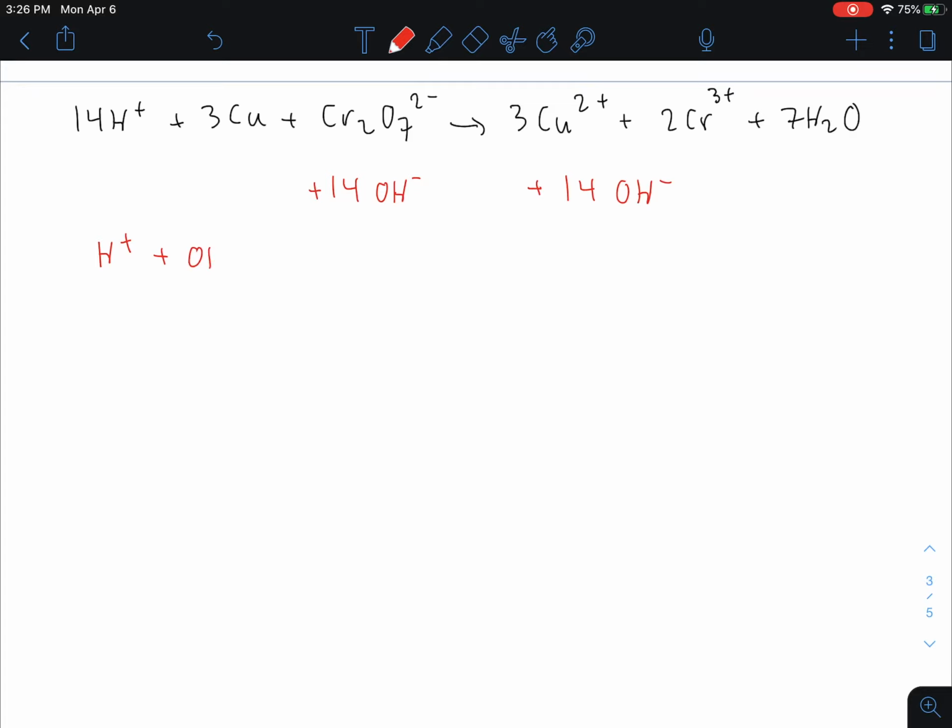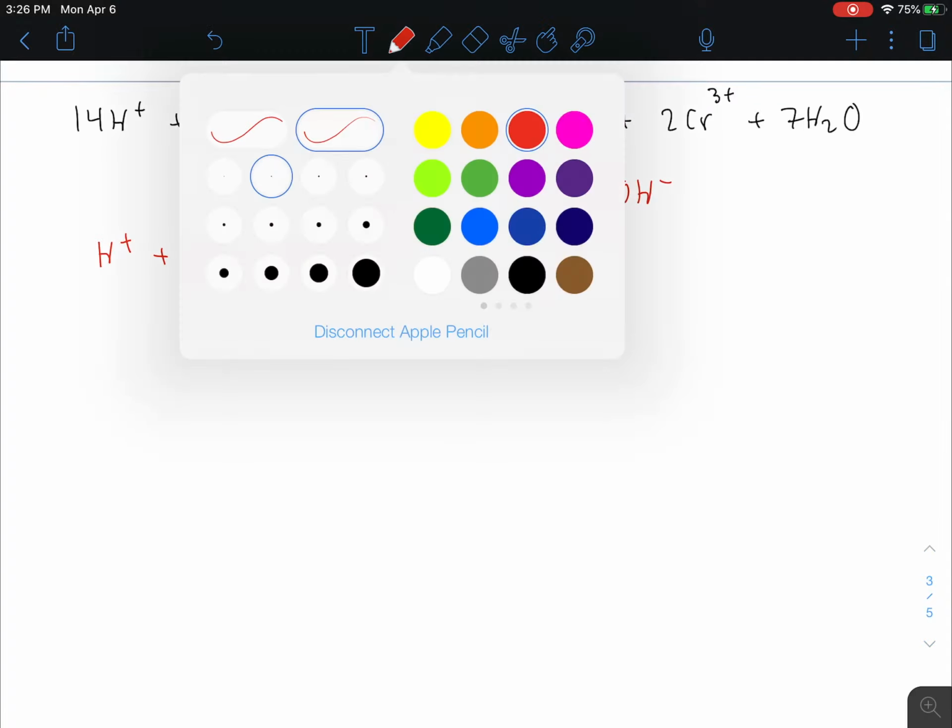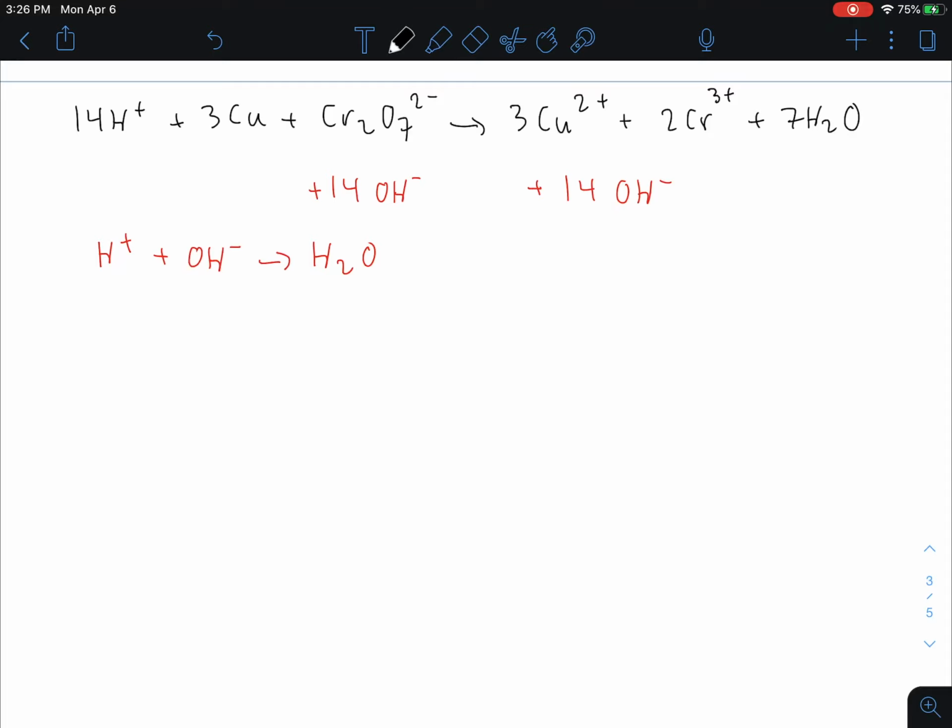Keeping in mind what we were just talking about, that H+ plus OH- makes water, that'll show me what's going to happen on the left side. On the right side, these 14 hydroxides have nothing to react with, so they're just going to be there. So now what I'm going to get is 14 H2O plus 3 copper plus dichromate.